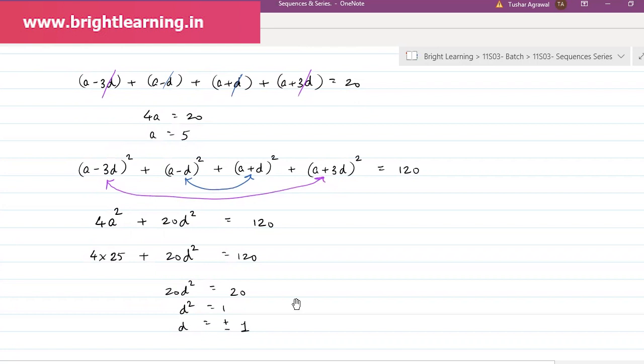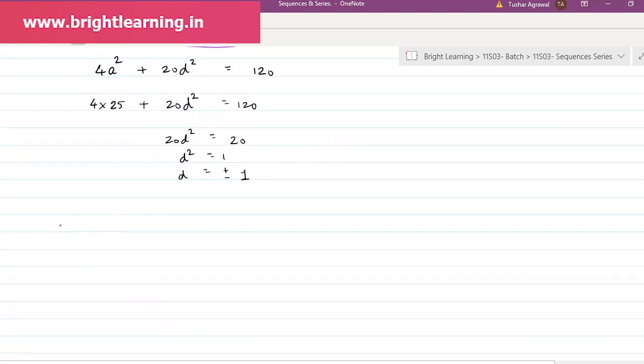So the 4 terms of the AP: if you consider 4 terms of an AP, what are the 4 terms? The first term is a, and definitely we have a equal to 5. If you consider d equal to positive 1, so 5 plus 1 is 6, and 5 minus 1 is 4, and then 6 plus 2 is 8, 4 minus 2 is 2.